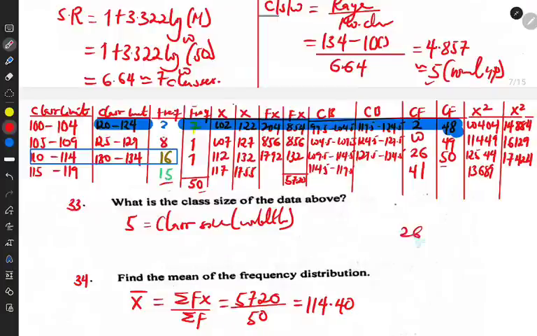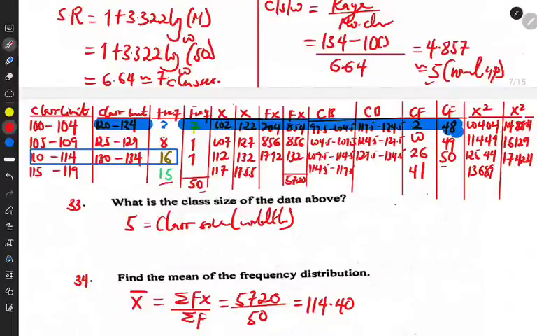So 26 plus 15, supposed to get 41. So that means the third quartile will fall within 115 to 119 as our class limit, because the total is giving us 41, but what we have as quartile position is 37.5. So it falls within 115 to 119.